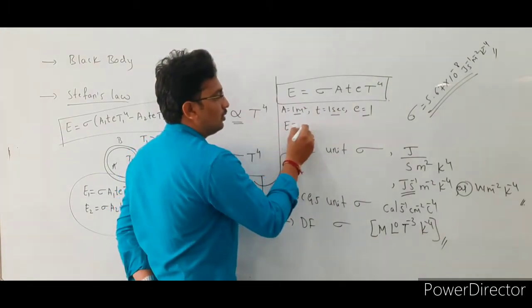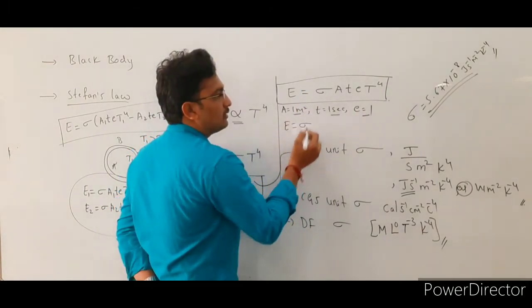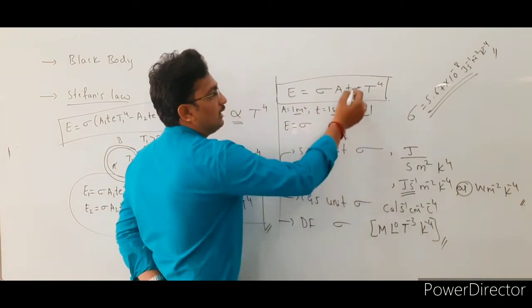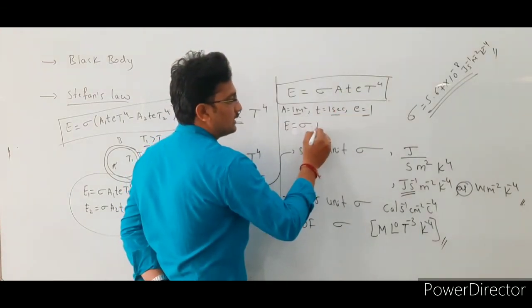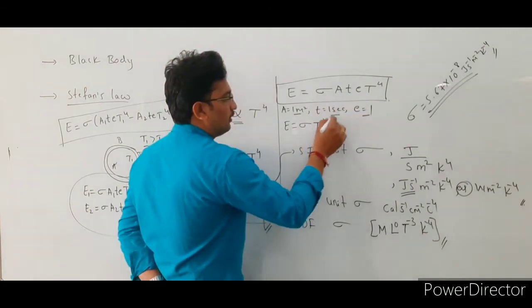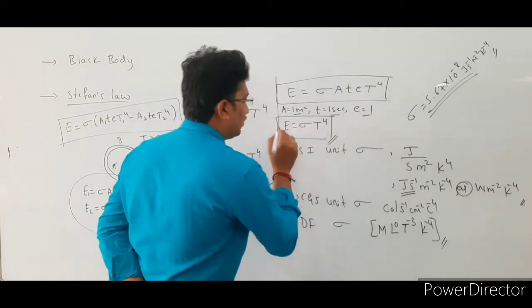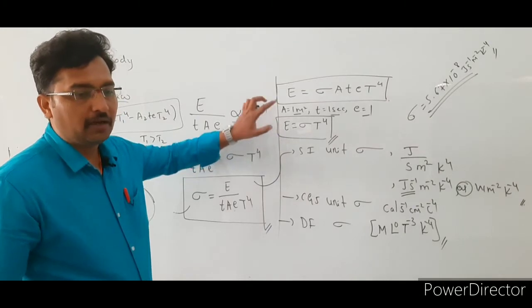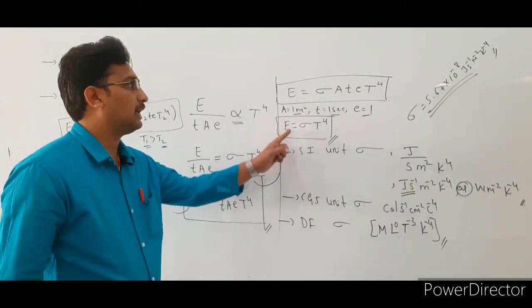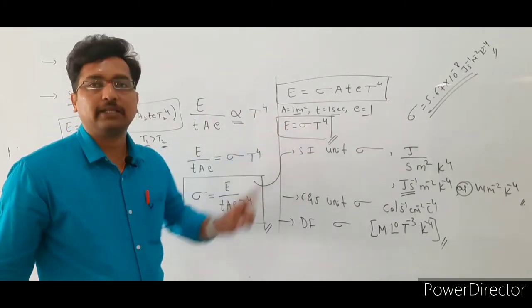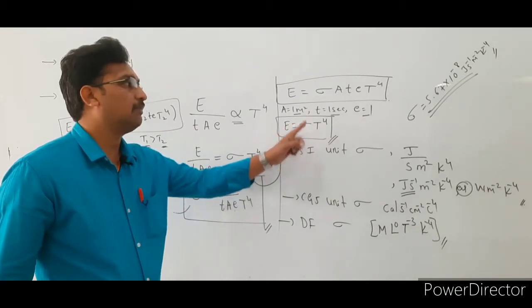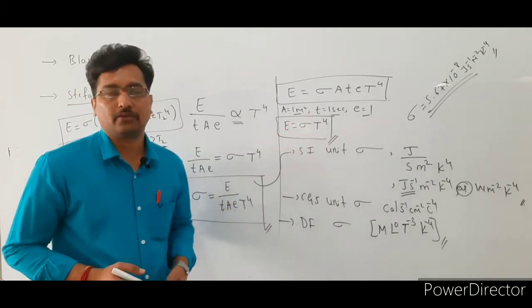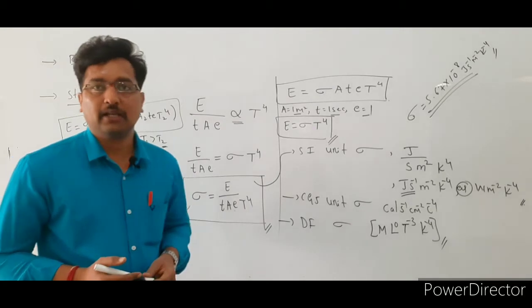Then E is equal to sigma, the area value is 1, time is also 1, emissive power is also 1, then it becomes T to the power 4. So the amount of heat energy radiated per second per unit area of a perfect black body is directly proportional to T to the power 4, then E is equal to sigma into T to the power 4. So this is about Stefan's law.